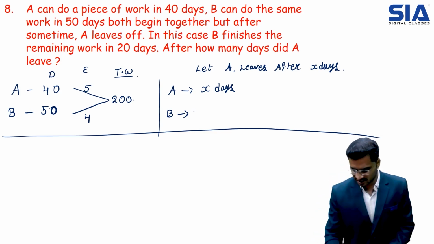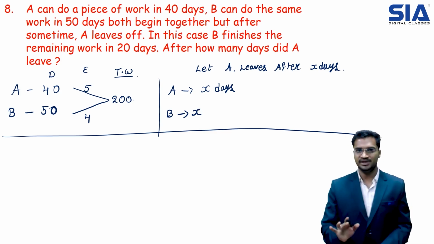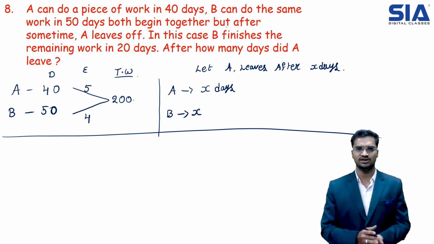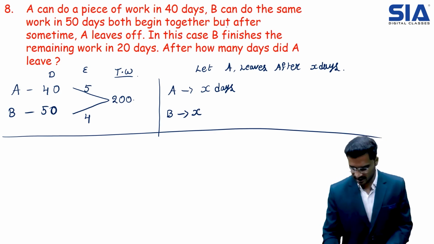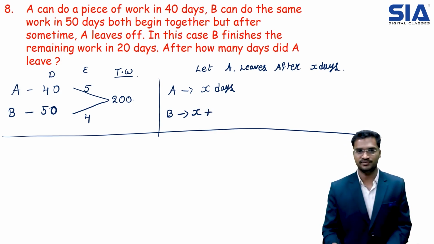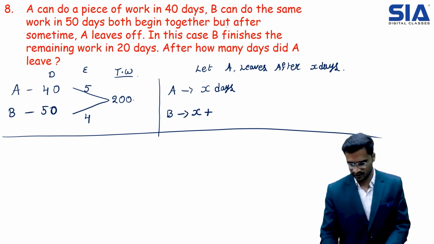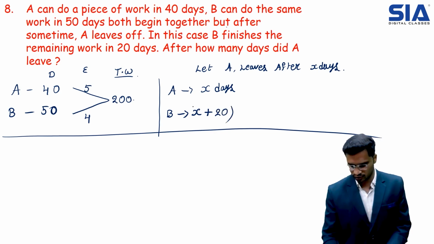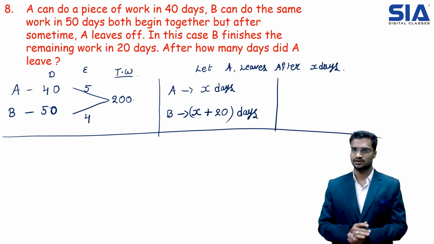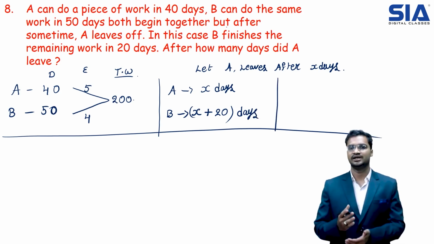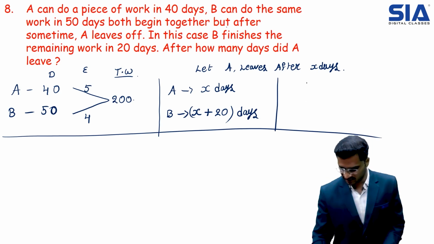So I can say that B has worked for X days with A, and after leaving of A, he has also worked for how many days? 20 days. So B has worked for a total of X plus 20 days. Efficiency of A is 5, efficiency of B is 4.